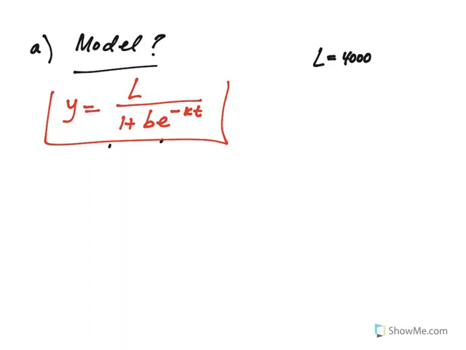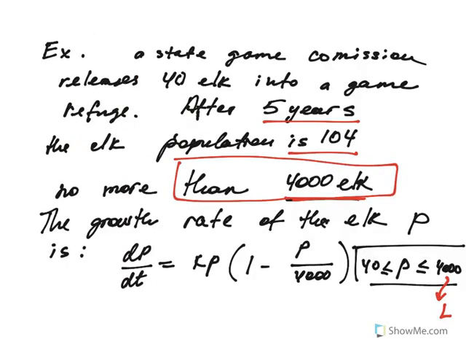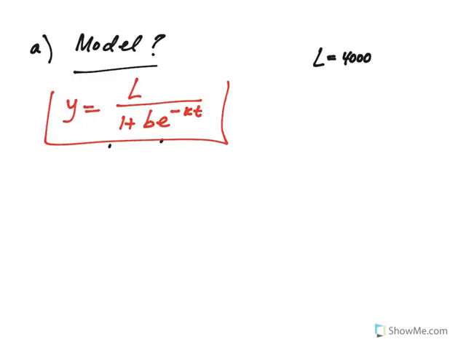L we know, so if we can find b and k, then we're all set, right? We can actually complete our equation. So far I have, well, instead of y, they want us to use P, population. P equals, L we're going to replace with 4,000 over 1 plus b e to the power of negative k times t. I'm just going to circle what I need to find.